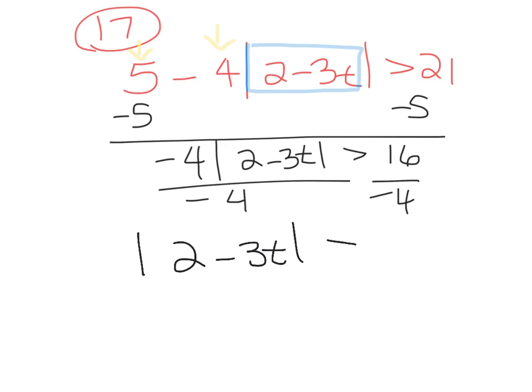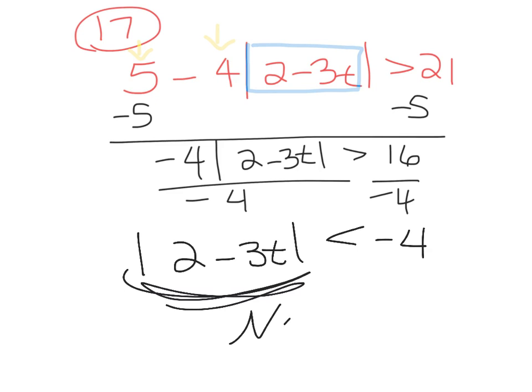Okay, so I divided by a negative, so I need to reverse my symbol. And now I can set my two problems. But notice, as soon as I got to this point, remember that if your absolute value is less than a negative number, you should stop and say no solution.